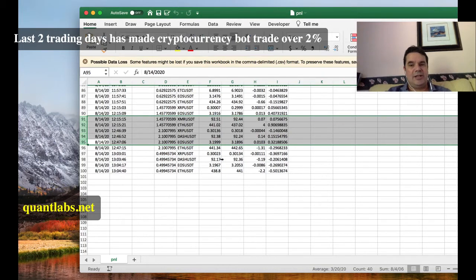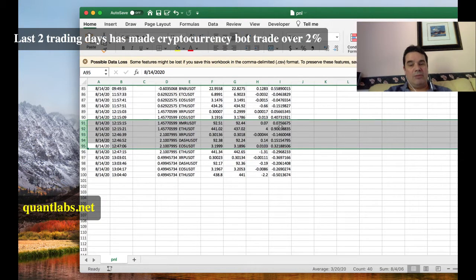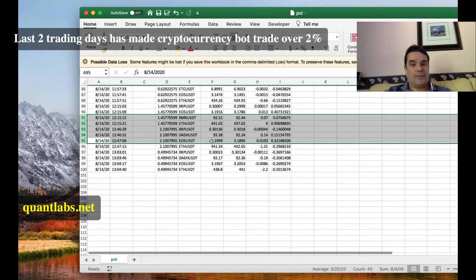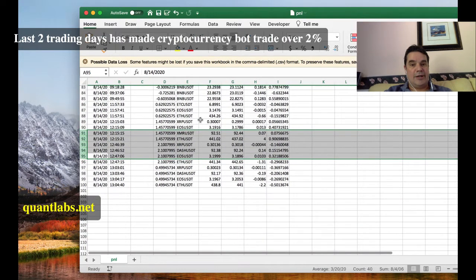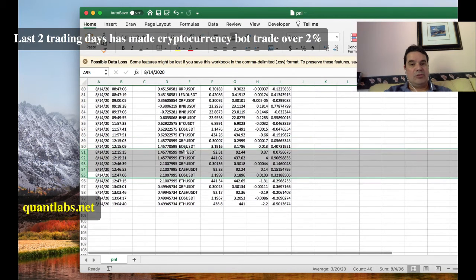And here you can see, this is the P&L for those positions, that they were positive. So the ones that were trading quite a bit earlier are Ethereum, XRP, Dash, and EOS. And you can see they were repeated. Ethereum's been moving pretty good. So we'll take a look at these.